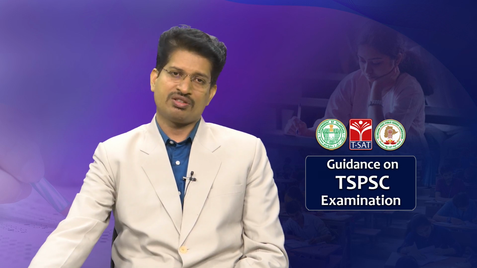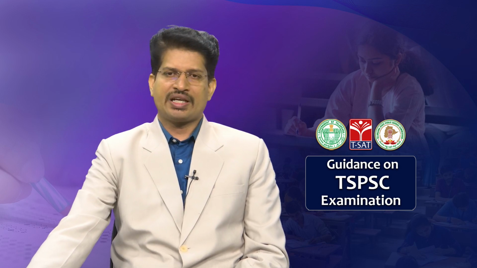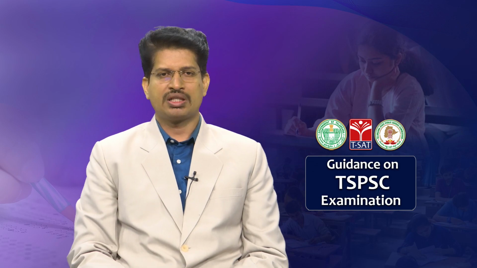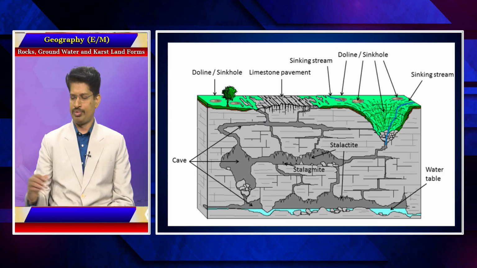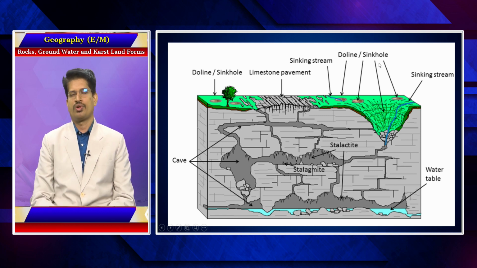What are the different kinds of features formed because of karst topography? For example, the sinkhole. Doline and sinkhole are given here as synonymous.